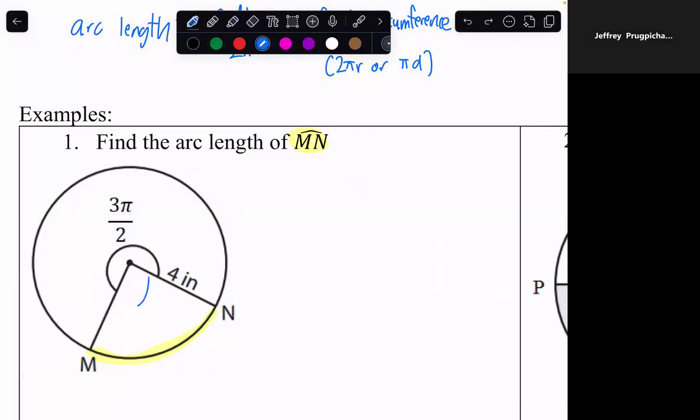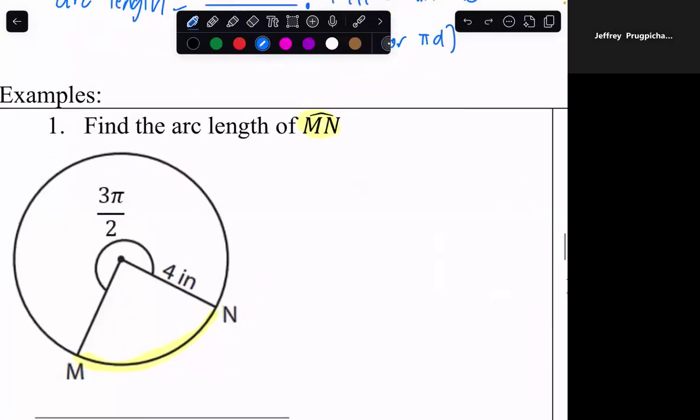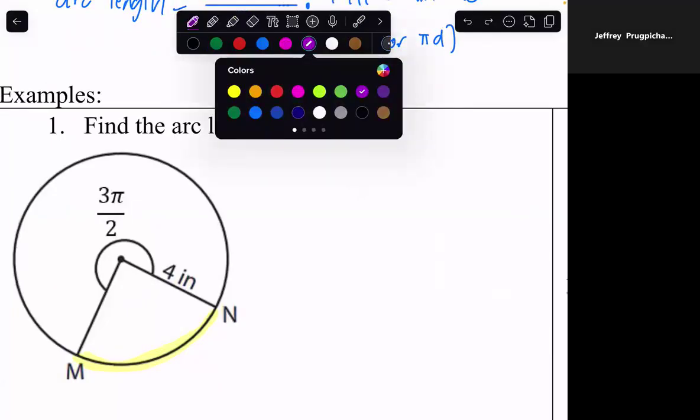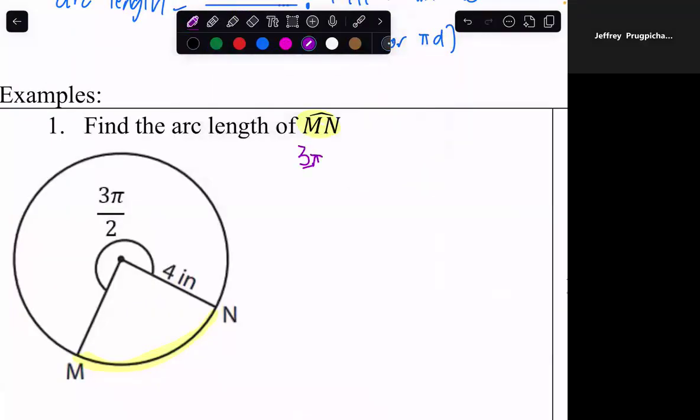Well, again, a full circle is either 360 degrees or 2 pi radians. So first we could say that 3 pi over 2, and we'll call this x, plus x equals 2 pi. Why 2 pi? Because these two angles together make a full circle.